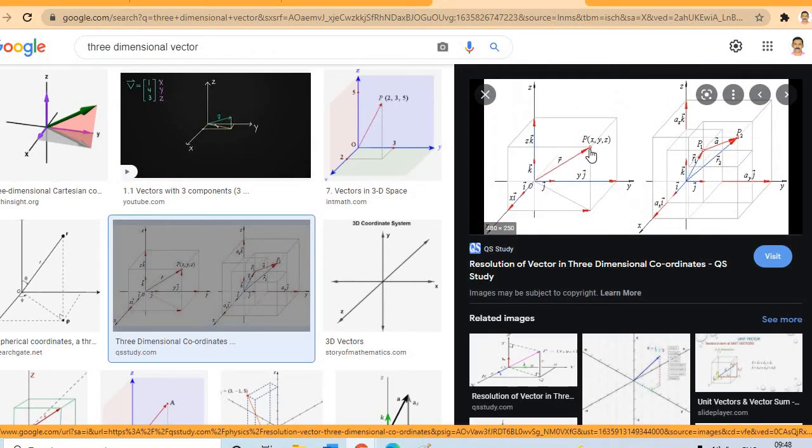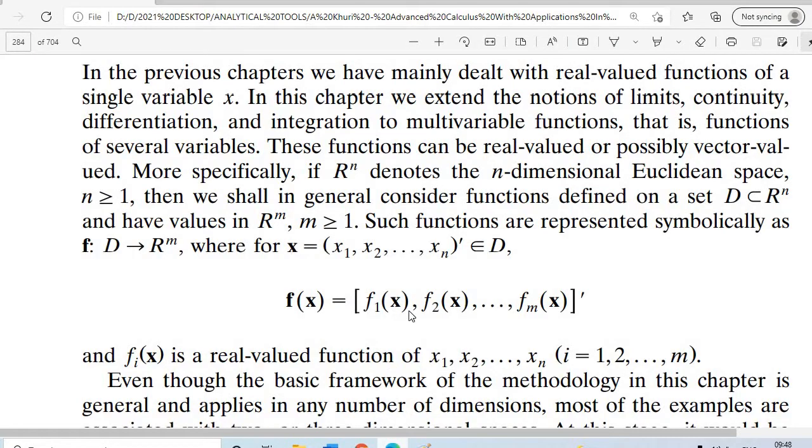This point P is represented as x, y, z, or x1, x2, x3. So this is the concept of a vector. This is a 3-dimensional Euclidean space. Similarly you can consider the n-dimensional Euclidean space that we cannot plot. At the same time we can imagine that n-dimensional Euclidean space.